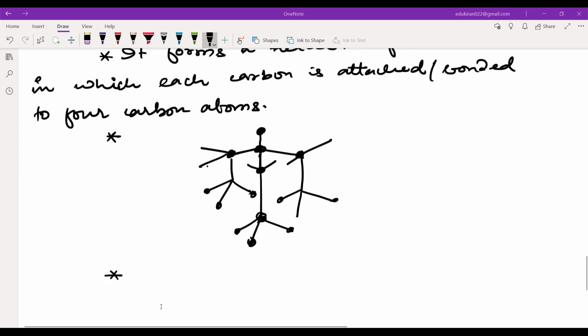Let me see if I can get a 3D structure, then I can show you guys. So yes, that is correct. It will be completely packed. All the carbon atoms will have 4 bonds. Bonding in diamond.